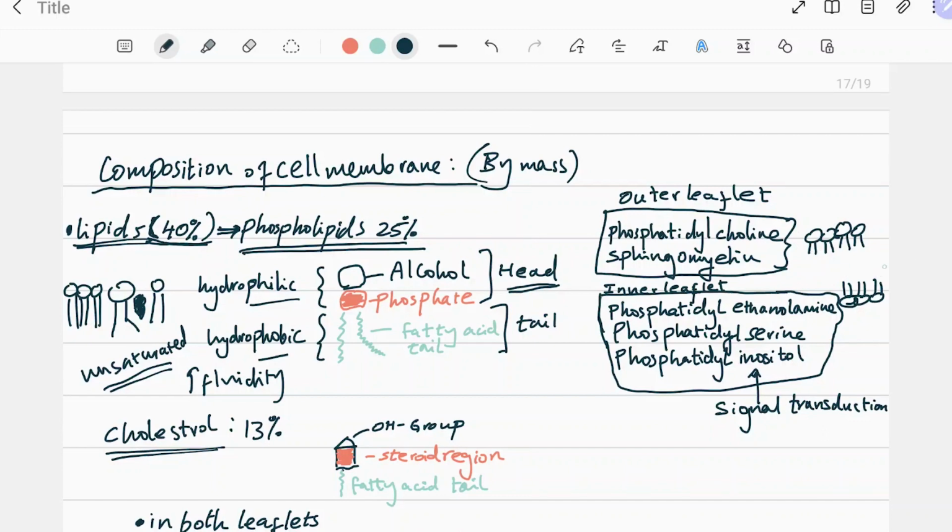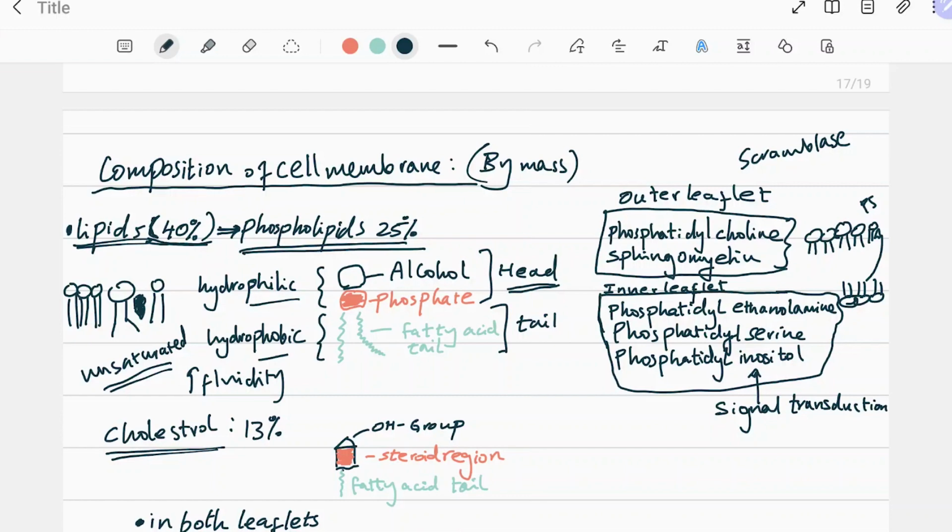Now, something to know is that phosphatidylserine can switch sides and go to the other side. Phosphatidylserine can flip to the outer leaflet, and this is done by an enzyme called scramblase. It scrambles the organization, you could think of it that way.